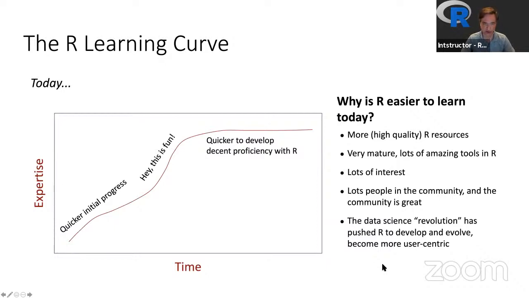R is much more mature today. It's grown a lot. Believe it or not, R just celebrated its 20th anniversary last year since version 1.0. So even though people tend to hear about it more recently, it's actually been around for 20 years. So it's quite mature at this point. It continues to get developed, and more things are being added to it.